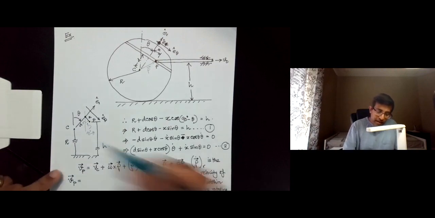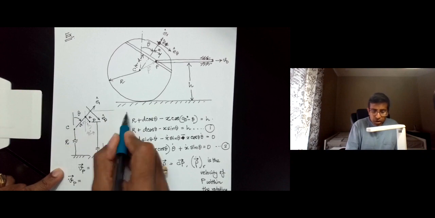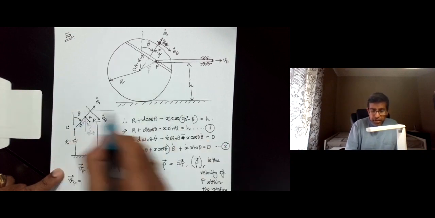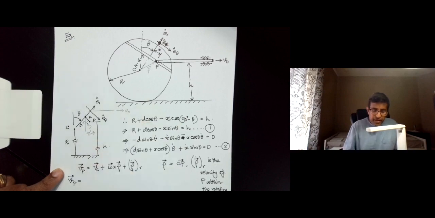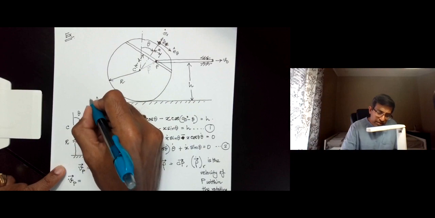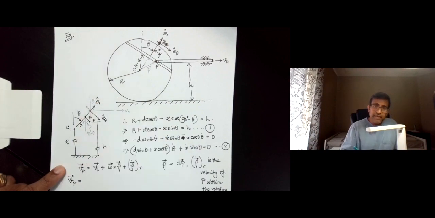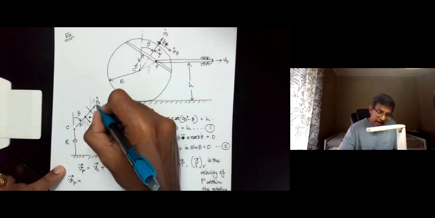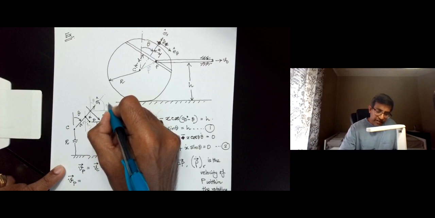Well, to understand that, let's draw a horizontal line on this figure here, because we know that the velocity of the point P is always horizontal, so V0 is in this direction, right? Now if this angle is theta, you can see that if I draw a vertical line here, then this angle is theta. And if this angle is theta, then this angle is 90 degrees minus theta.